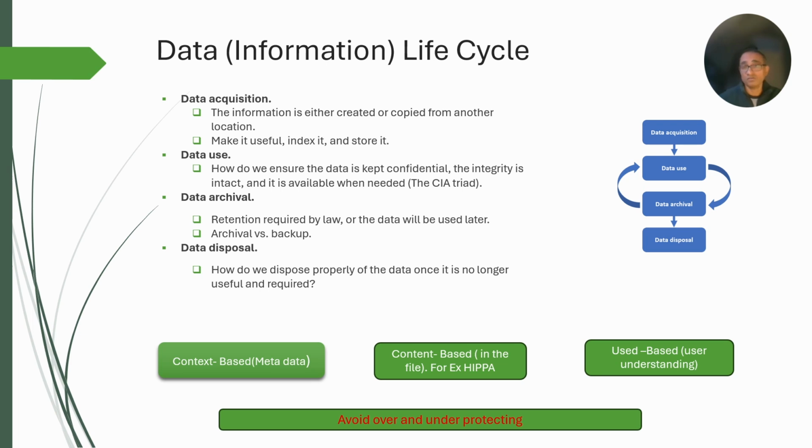That's where the concept of the CIA triad that we have seen in domain 1 becomes even more important in the context of the data and information life cycle. What we assure in the data use part is that the data is used confidentially, that integrity is maintained or kept intact, and that availability is provided whenever the data needs to be present.